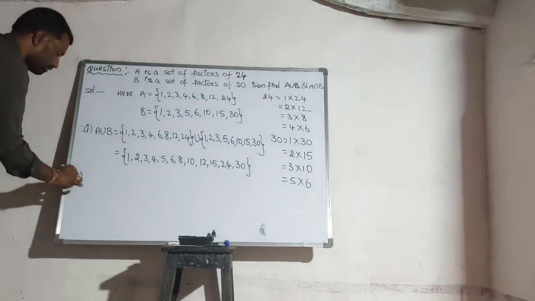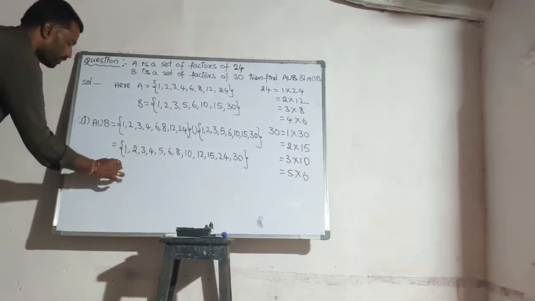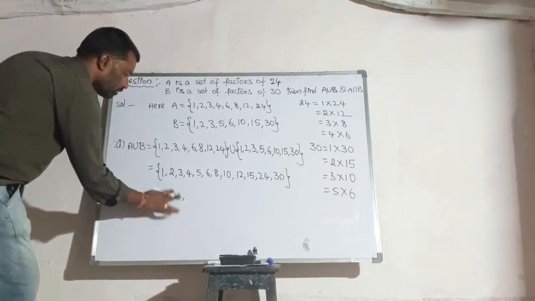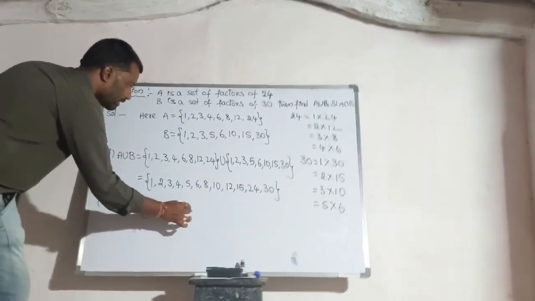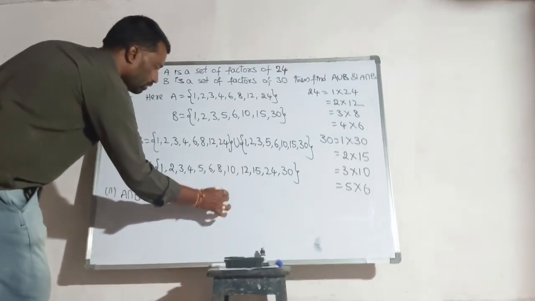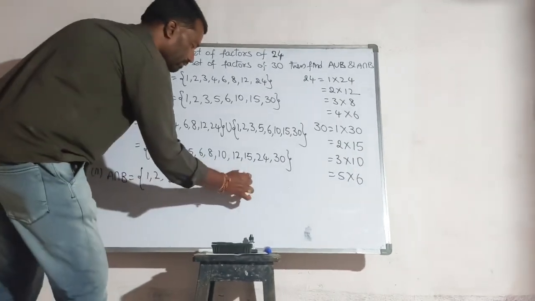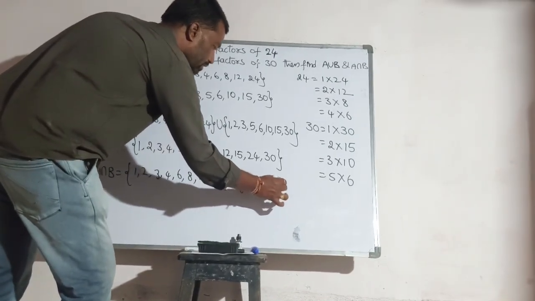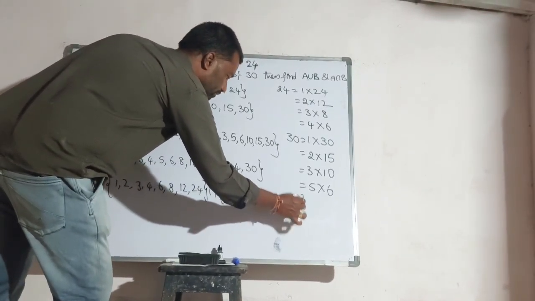Next, second one, A intersection B. We are writing 2 sets. What is A? 1, 2, 3, 4, 6, 8, 12, 24. Intersection B: 1, 2, 3, 5, 6, 10, 15, 30.